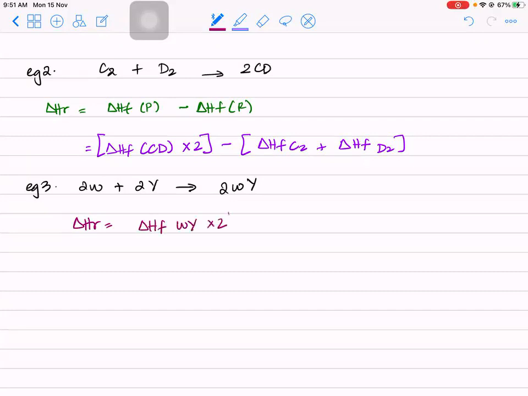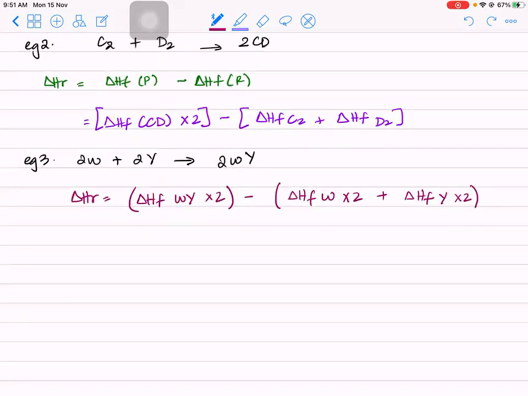WY times 2 minus formation of W times 2 plus formation of Y times 2. Is this clear? Because delta H of formation is per mole. Remember I told you the units were also what? Kilojoules per mole. But if you have more than 1 mole, then you'll have to multiply it by that number. Understood?